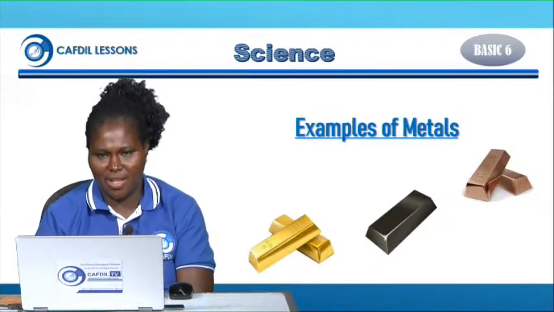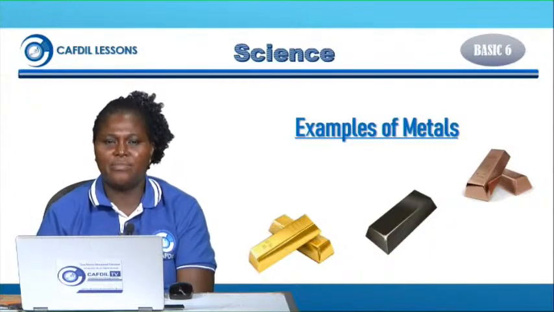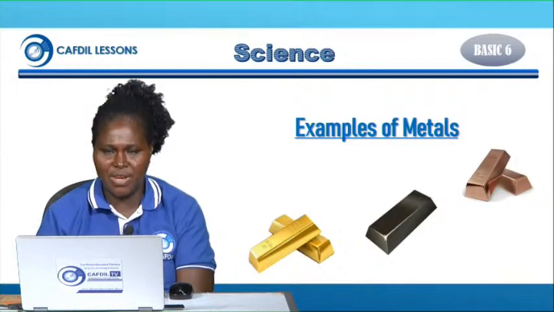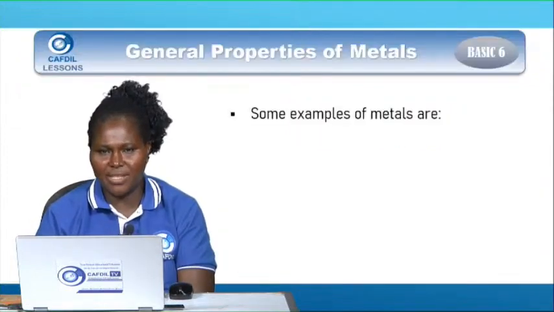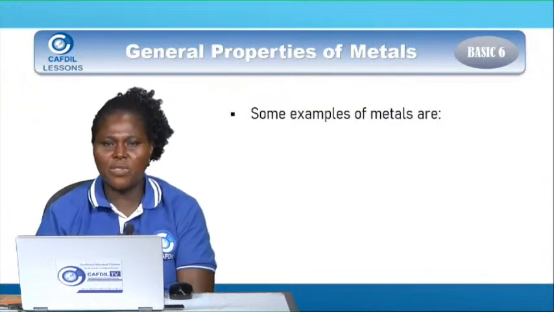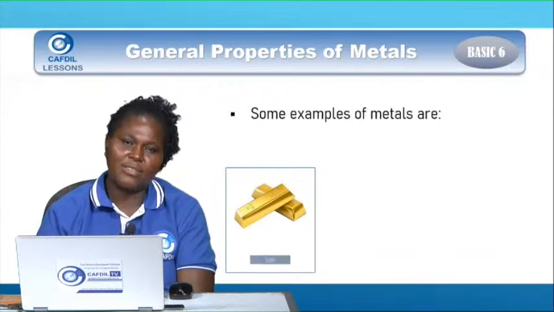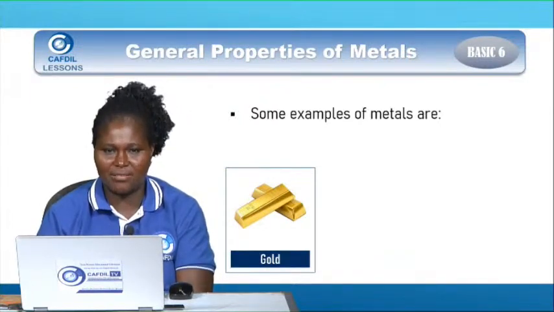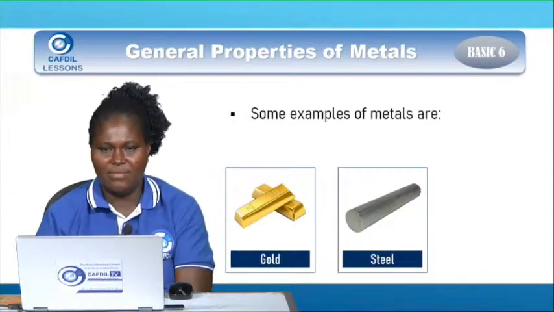Examples of metals. We can see on our screen some pictures of metals. Some examples of metals are: 1. Gold. So gold is a metal. 2. Steel.